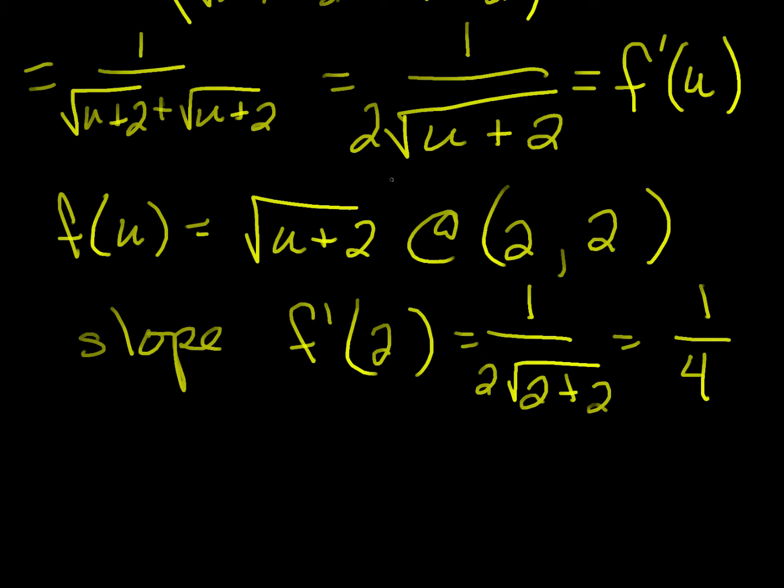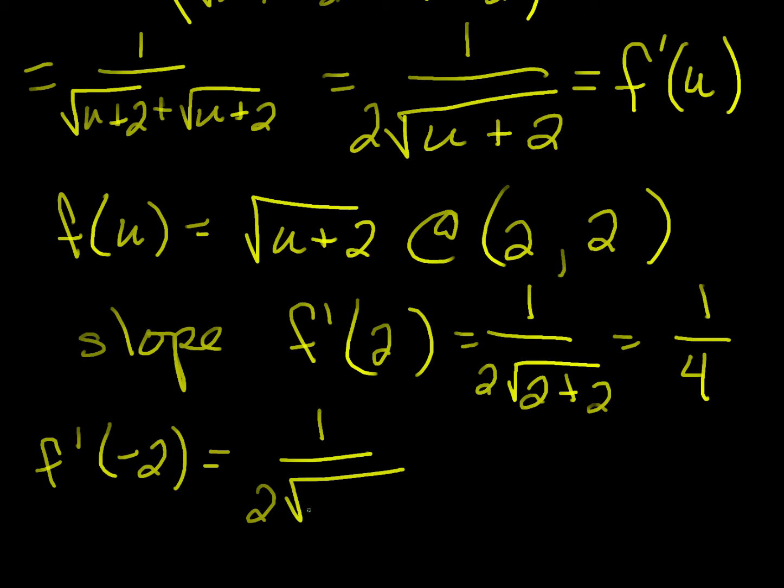There is one place to note that at -2, we have no slope. Because if we put it in, f prime of -2, by definition, would be 1 over 2 times the square root of -2 plus 2, which is 1 over 2 times 0, which is undefined. Or really, if we looked at standard parts, this thing would be going to infinity there.